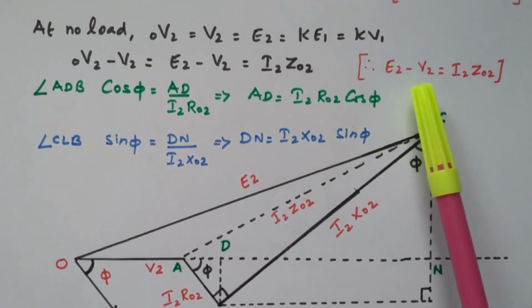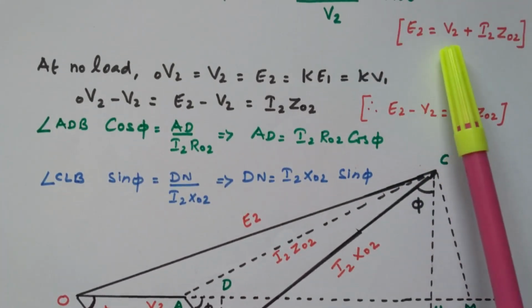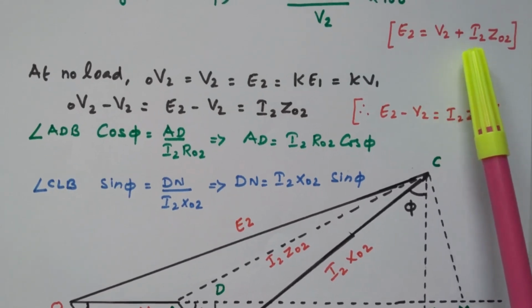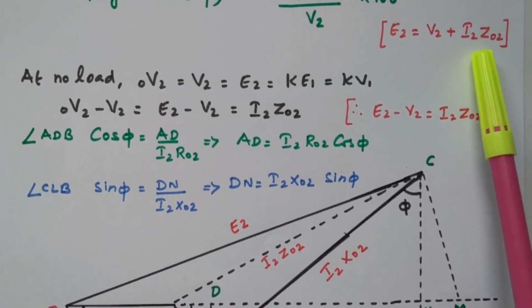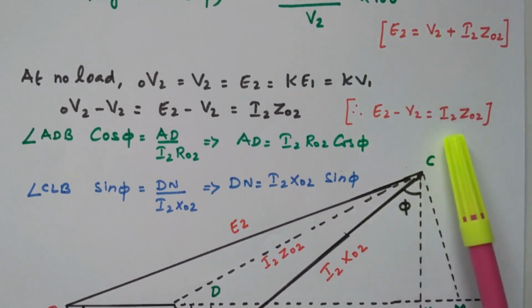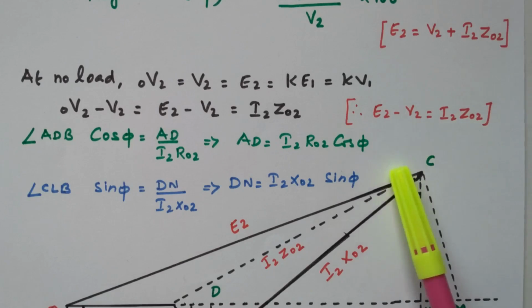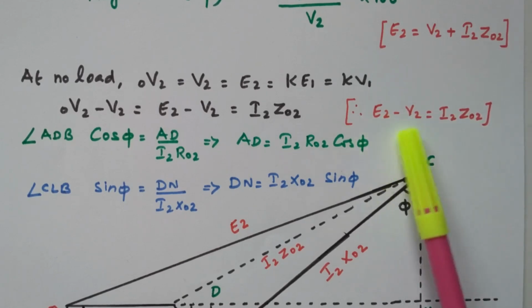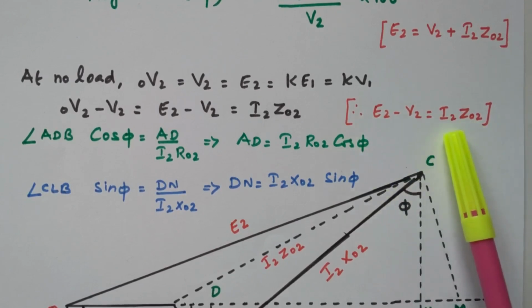We have one basic equation available: E2 equals V2 plus I2 Z02. So we bring V2 to this side: E2 minus V2 equals I2 Z02.